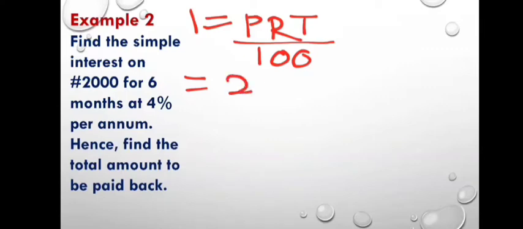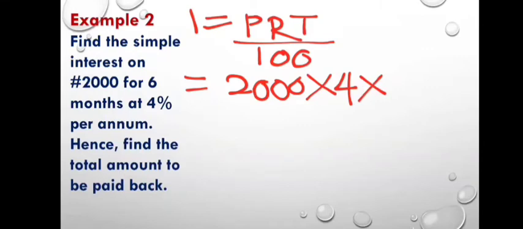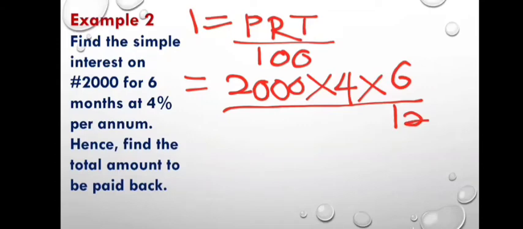Let's fix the values now. 2,000 times 4, which is the rate, times the time, which is 6 all over 12. Like I said, you are given in months, so you divide by 12. 12 has to be there. Then, as usual, times the 100.